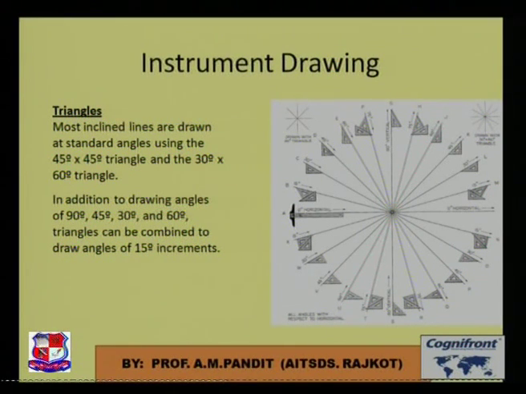First would be 45-45-90 and another would be 30-60-90. The sum of the three angles would be 180 degrees. Using the T-square and the set square, the various positions show how we can draw angles step by step if we want to draw them.